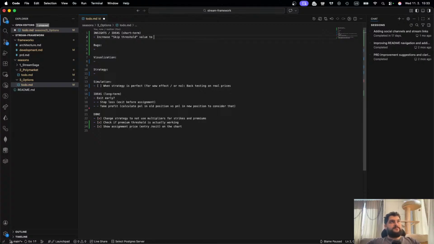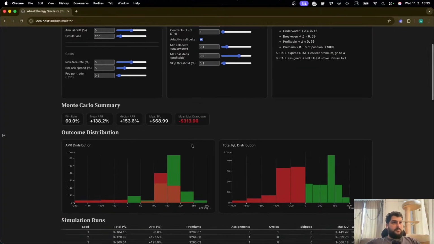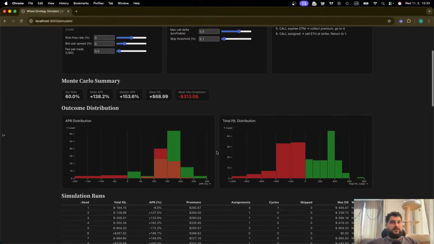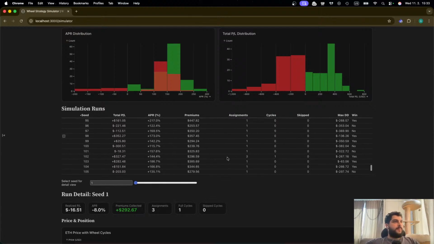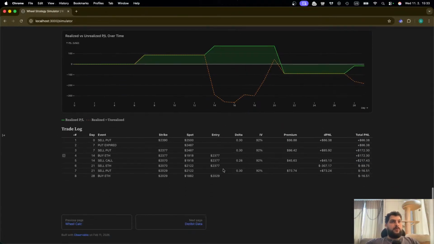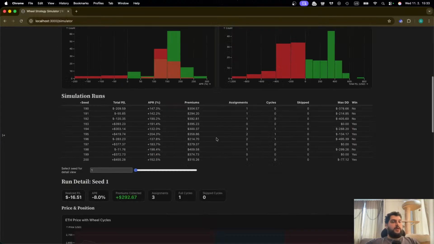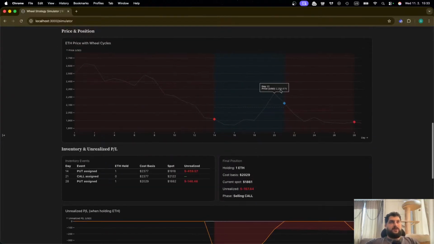So let's see, to not sell calls at lower premiums. So basically, this situation that we just saw, we could have mitigated, but also we need to see what are the effects of that, right? So we will take a look at different simulations.